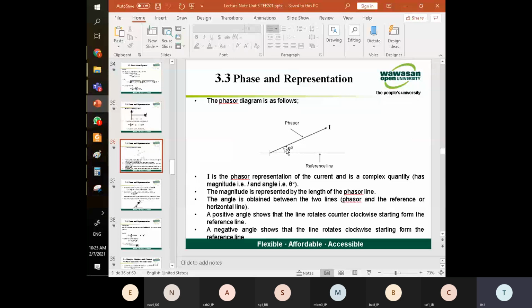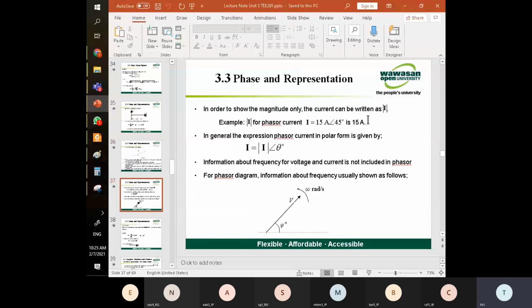This is called the positive angle. So we can express this as the absolute value of the current at this angle. For example, 15A at 45 degree.